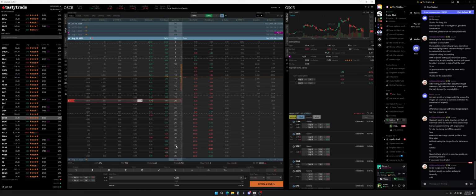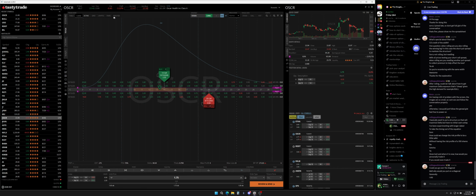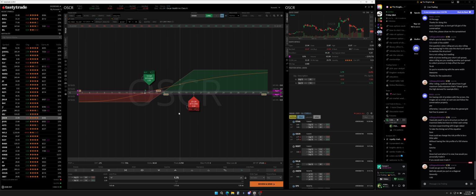So I thought, I'll open up the call diagonal. It's dropped a bit today, but now I've got some upside. I think I spent $1.77. If this moves in my favor, great. I can probably close it for a credit later on. I see it as a low risk way to get in.